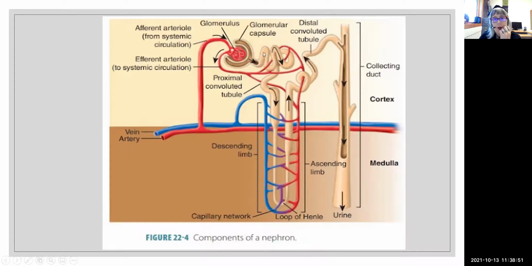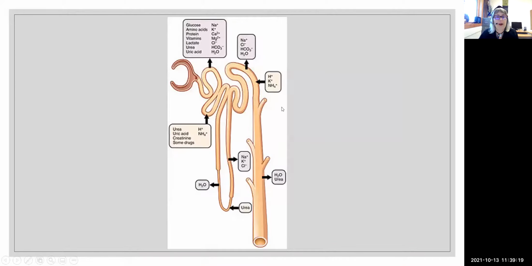Meanwhile, all your filtrate in the glomerulus is moving through the proximal convoluted tubule, descending loop of Henle, ascending loop of Henle, distal convoluted tubule, collecting duct. From that, we have urine that leaves the renal papilla to the minor calyx, major calyx, renal pelvis, ureters, bladder, and urethra. All right, so I do hope this helps you in terms of reviewing.